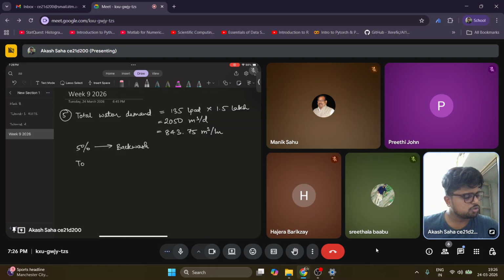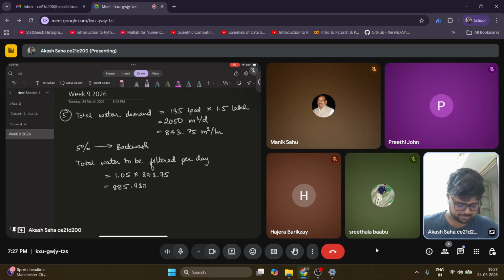Okay, so total water to be filtered per hour will be nothing but 1.05 times 843.75, so it will be 885.9375 meter cube per hour.